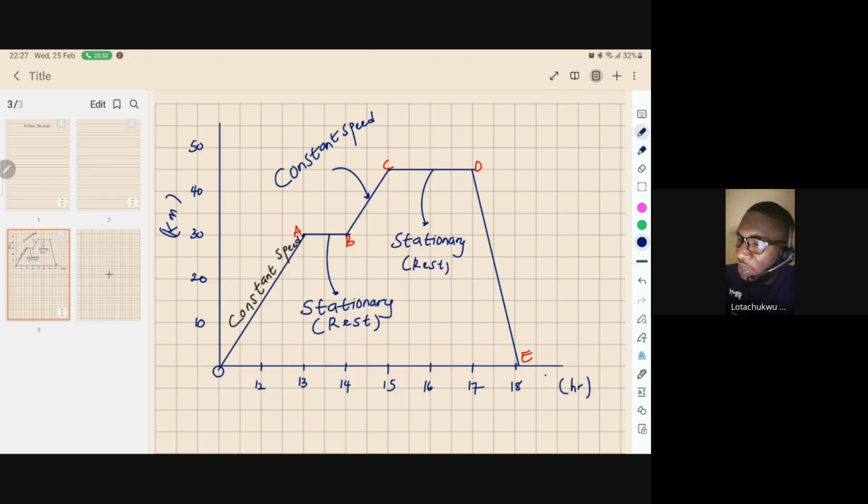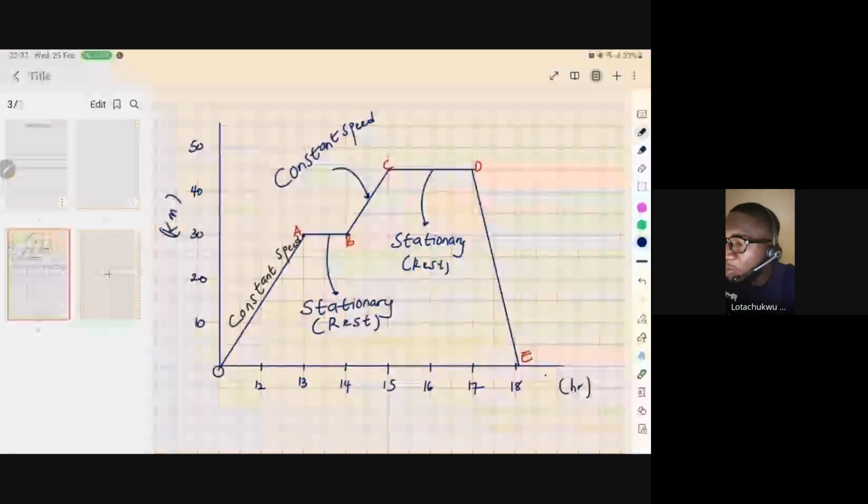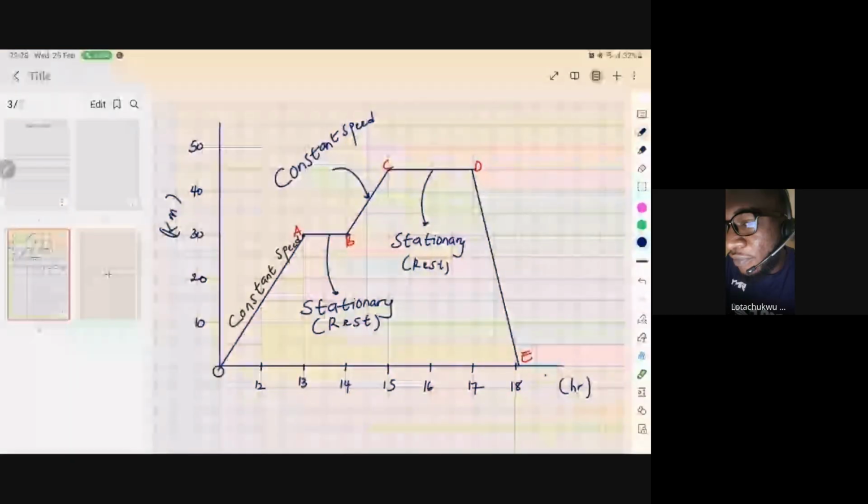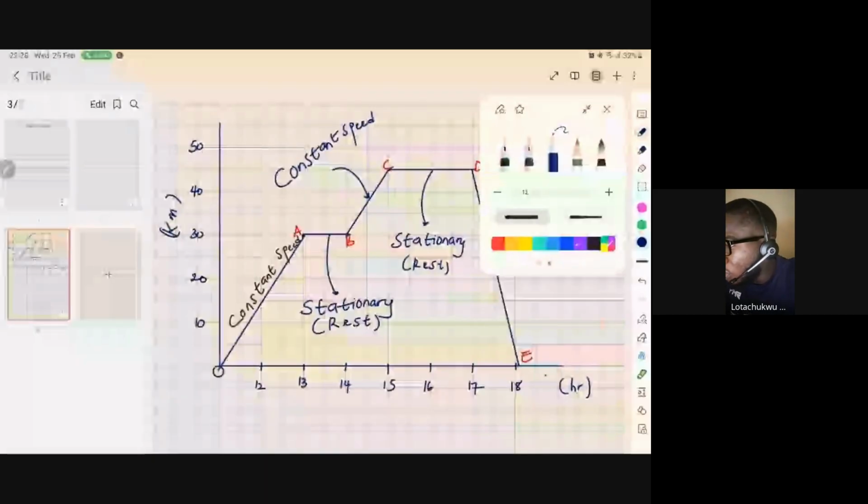Now, if you check the constant speed that this guy is traveling at, just trace the line from here. Let me see if I can use a different color for some of us that might be confused.